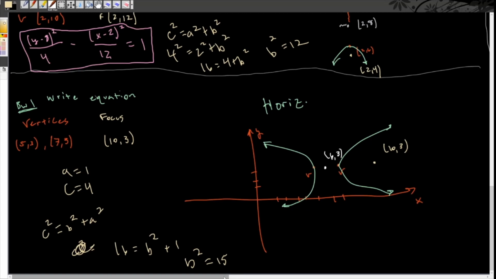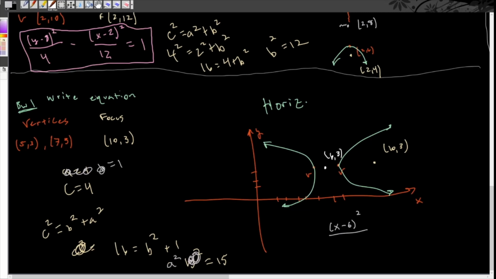So I will write the equation here off to the side. It's horizontal, so that means x is positive, and a goes with x. So we have x minus 6 squared divided by a squared, so that is 1. Wait, b is 1, and a is 15.